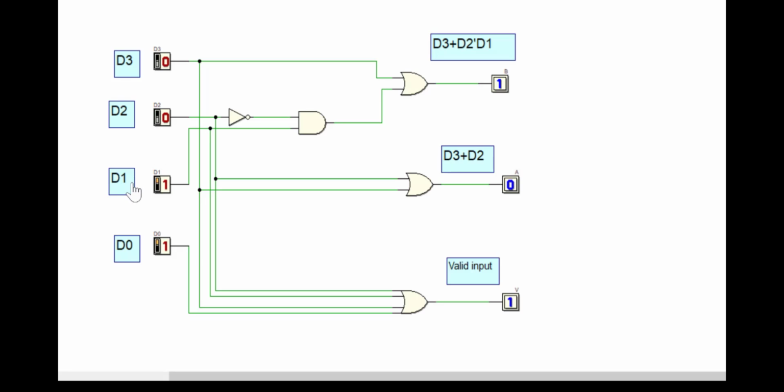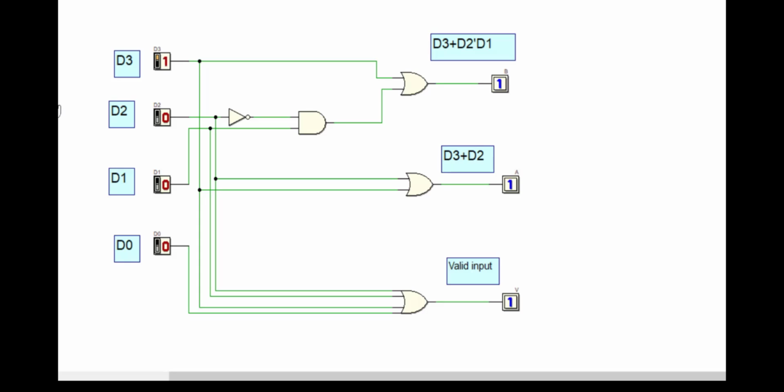So you are supposed to get output 0 1, irrespective of whether D0 is 1 or 0. Okay, now we'll try to test when D3 is on. I can switch on D1, but still no change. I can switch on D2 alone, no change. D0, no change. So that's why your D3 has the highest priority, even though other switches are enabled or pressed at the same time along with D3.